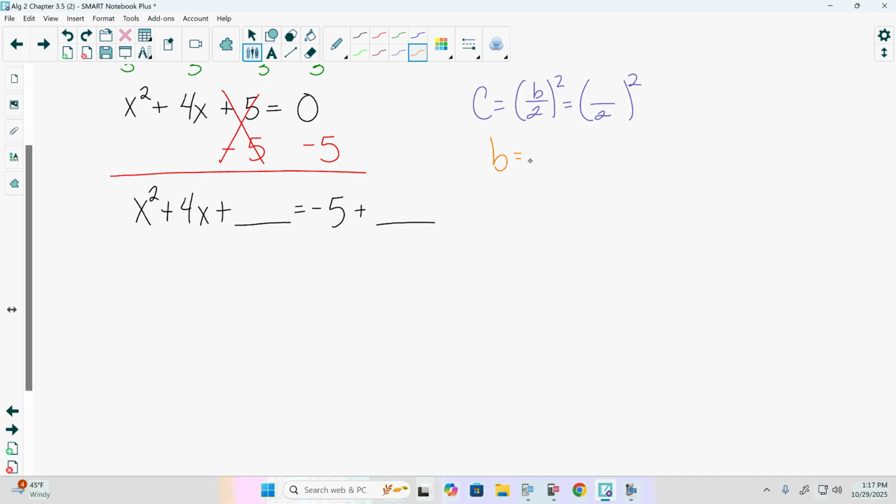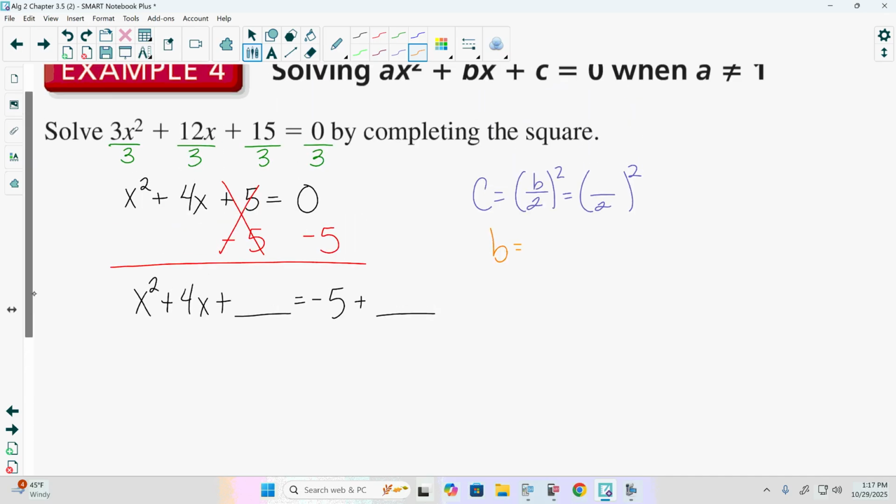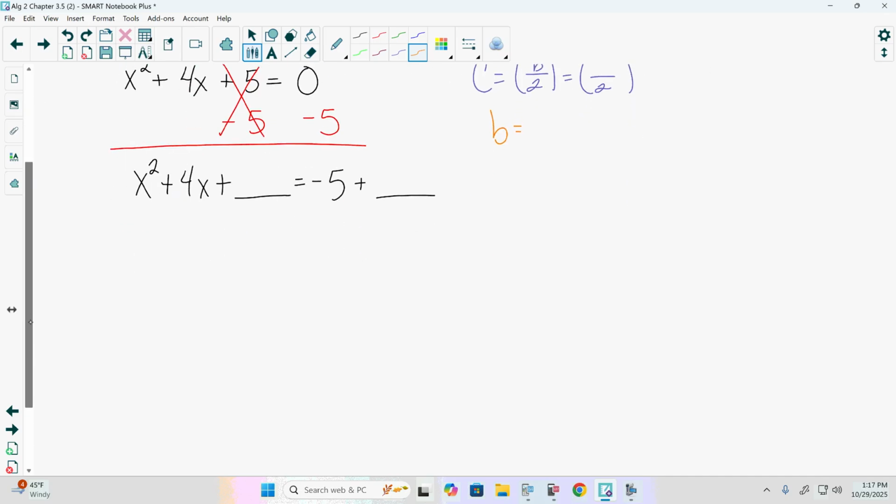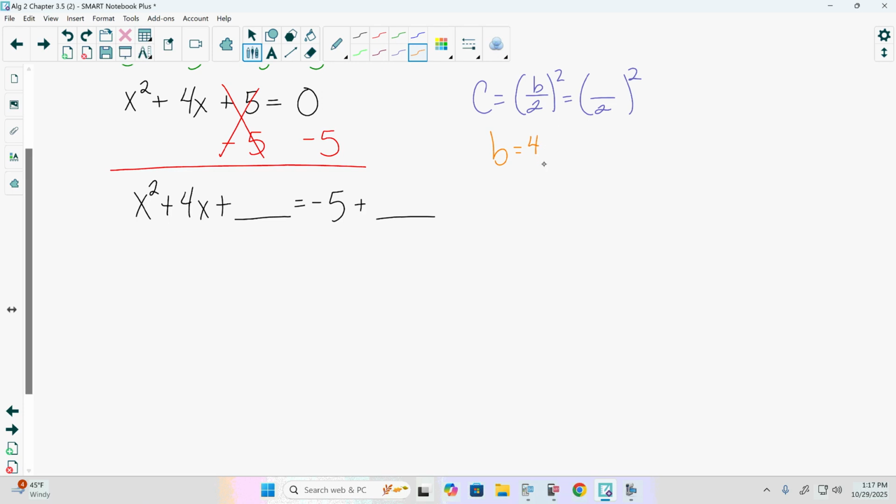Now at this point, we need to find the value of b. And the value of b is just 4. Positive or negative? Positive. Now again, we could go parentheses 4 divided by 2, close parentheses squared, enter, let the calculator do it.